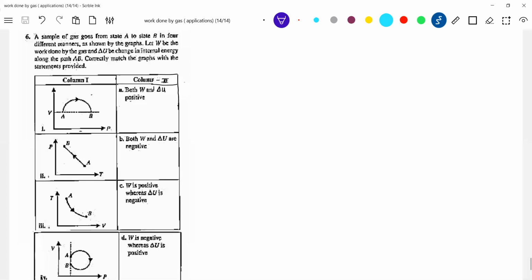It's a matching question, asking what can be the things. Okay, VP graph.